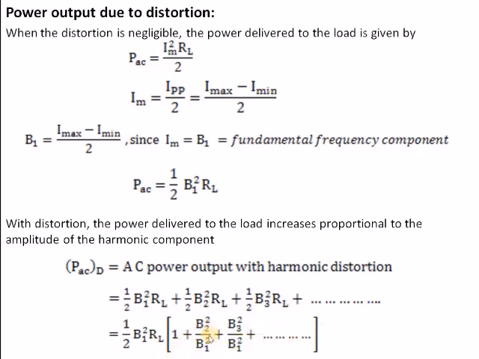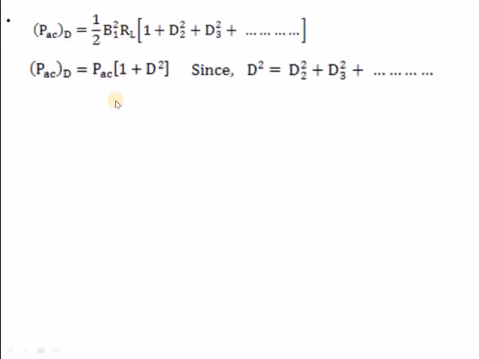B2 divided by B1, the amplitude of the second harmonic over the fundamental signal, is nothing but the distortion of the second harmonic, and B3 divided by B1 is the distortion of the third harmonic, and so on. Therefore, this can be written as 1 plus D2 square plus D3 square, and so on.